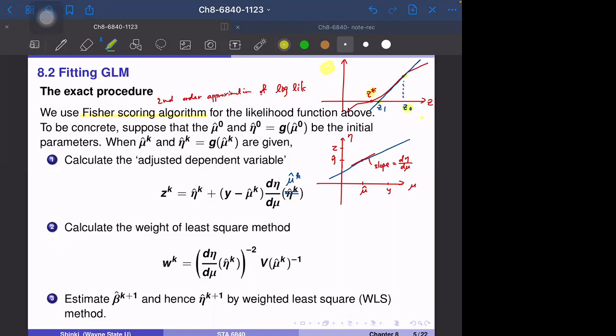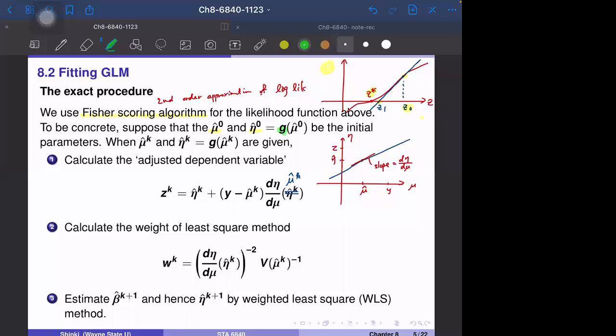To be concrete, if we use this algorithm, then estimating the GLM becomes this procedure. At first we need initial parameters, mu hat and eta hat, which is g of mu hat. Here g is a known function.